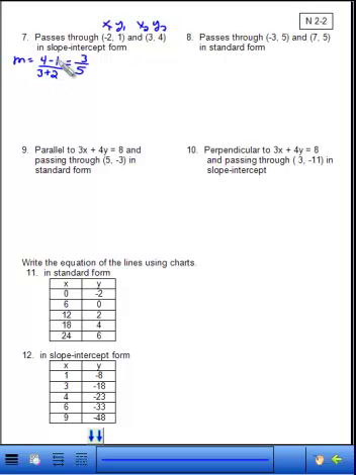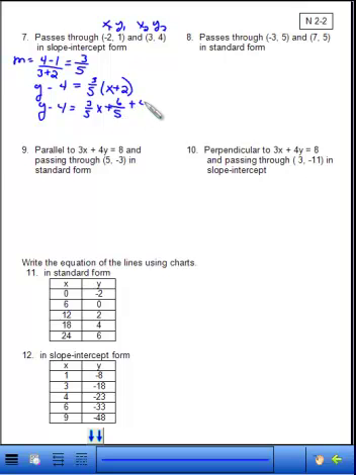So then we want to put it in slope-intercept form. So we have y minus 4 is equal to 3/5 times x plus 2.